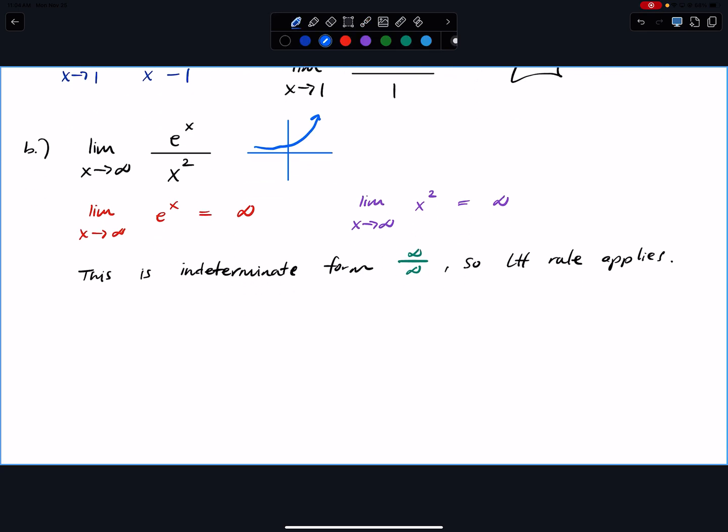Take the original problem, the limit as x goes to infinity of e to the x over x squared is equal to, by L'Hopital's rule, the limit as x goes to infinity. What's the derivative of the top? E to the x over 2x.